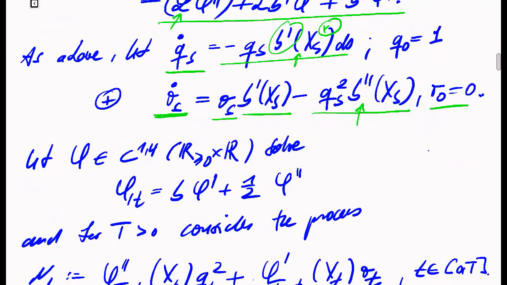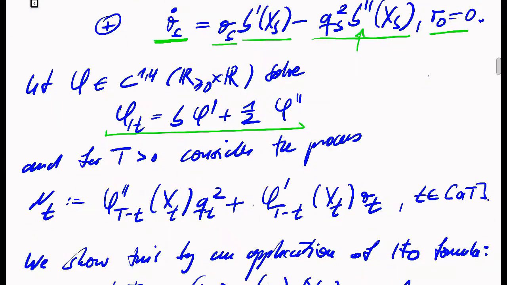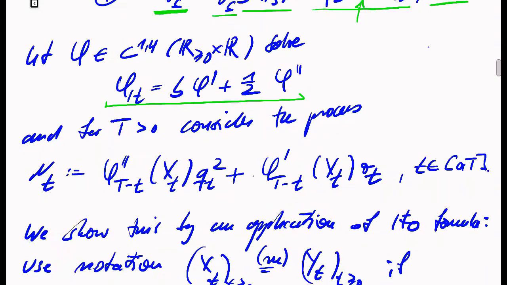Now we come back to our parabolic PDE and the function phi, and we will construct several martingales, which we combine in the end into a big martingale, of which we then take the expectation and compare the expectations at different time points.